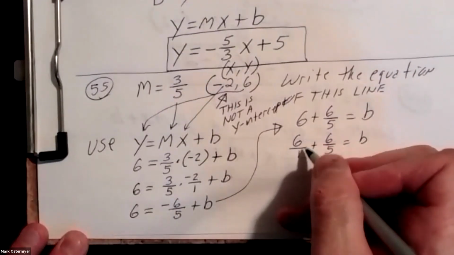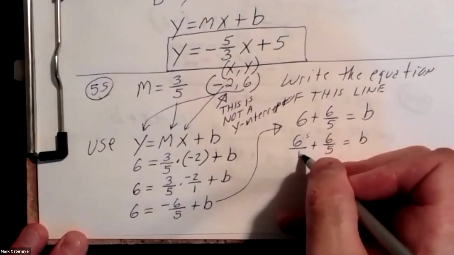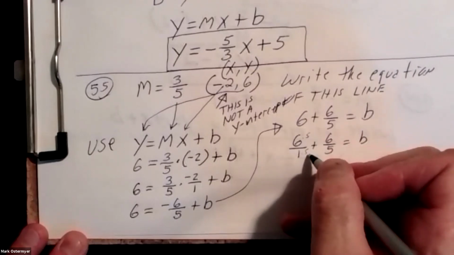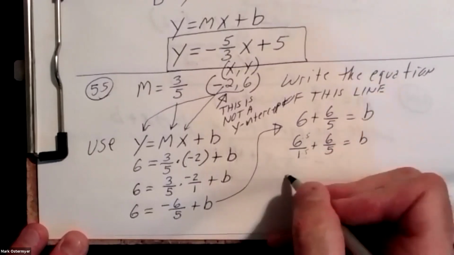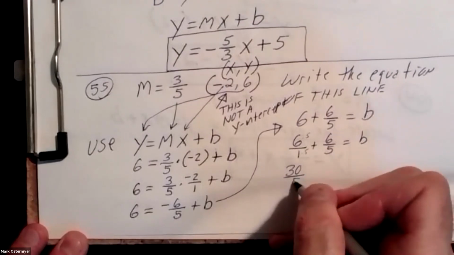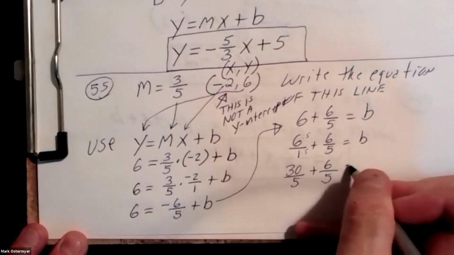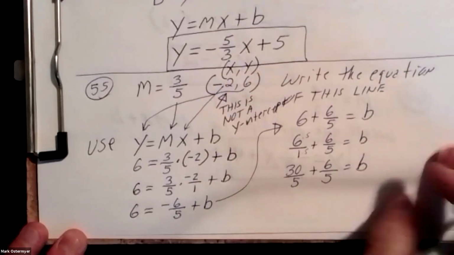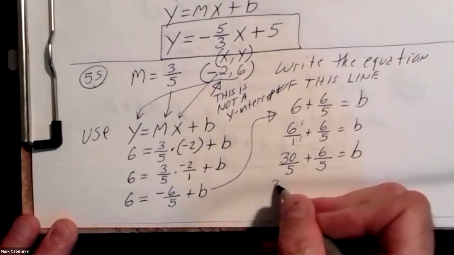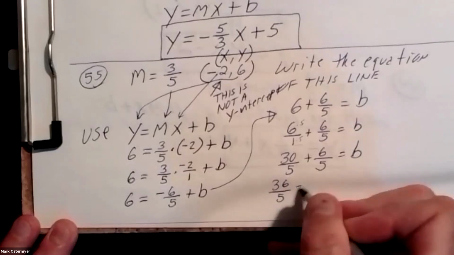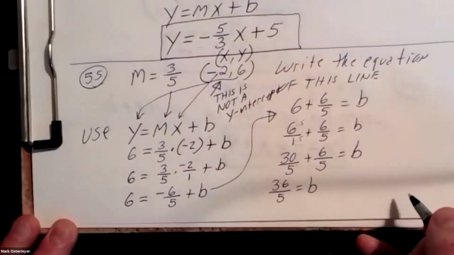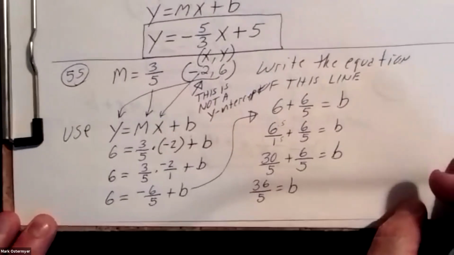So to build 6 up into an equivalent fraction with a denominator of 5, I have to multiply top and bottom of 6/1 by 5. And I'll build it up to 30/5. So 30/5 is another name for 6. So what's 30/5 plus 6/5 now? 36/5. That's your y-intercept. Now we know the y-intercept is 36/5.